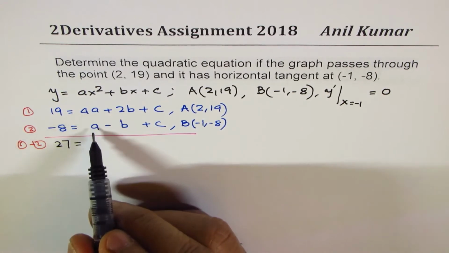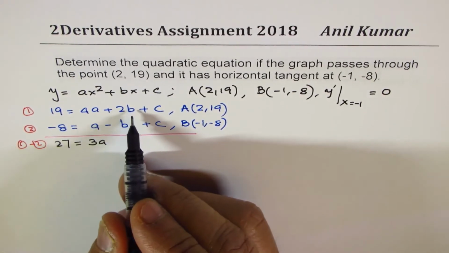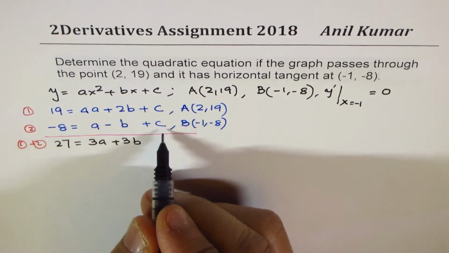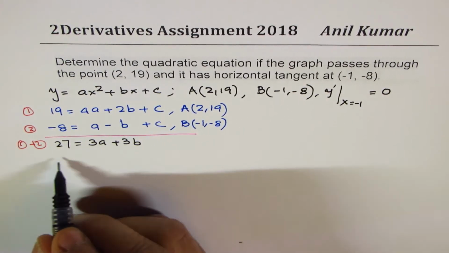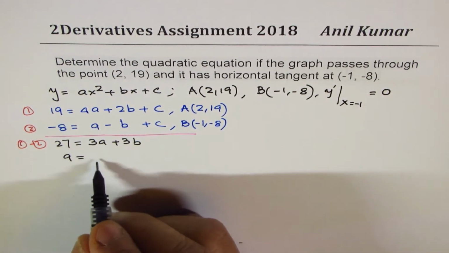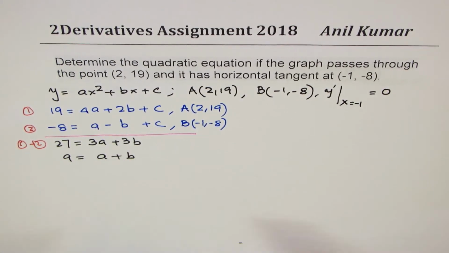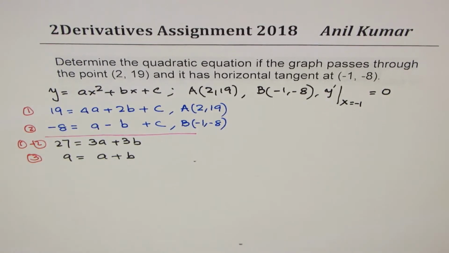And 4a minus a is 3a. 2b minus of minus b will give us plus 3b, and c minus c is 0. So we get this equation, and dividing by 3, we get 9 equals a plus b. We'll call this our equation number 3.